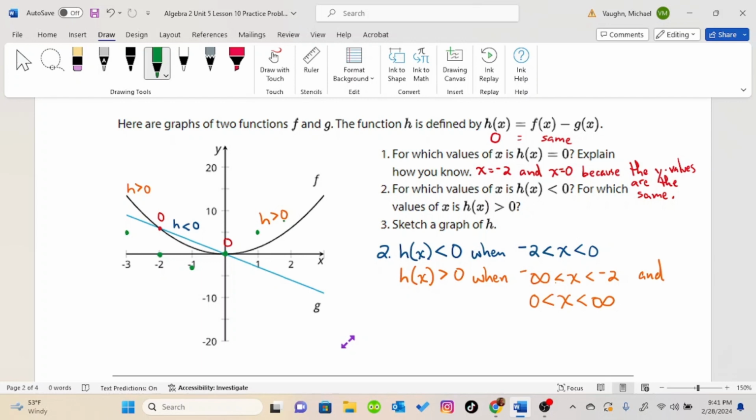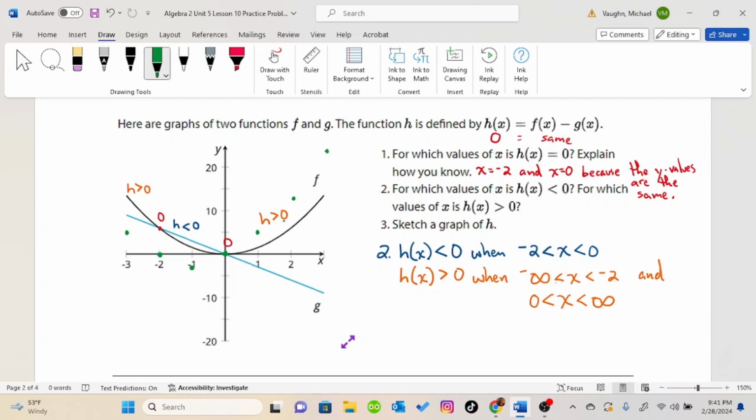At 2, it looks like we're about 6 minus -6, which becomes 6 plus 6, which is 12. And out at 3, it looks like we have 14 minus -9, which would be 14 plus 9, which is 23.